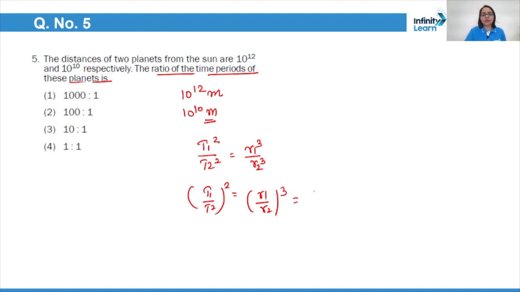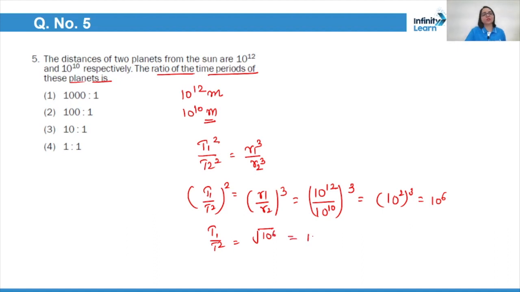You can put the value of R1 as 10 power 12 divided by R2 as 10 power 10, whole cube, right? So this will be 10 power 2 whole cube, which is 10 power 6. So T1 upon T2 will be square root of 10 power 6, which is equal to 10 power 3. So ratio will be 1000 is to 1, which is option 1.